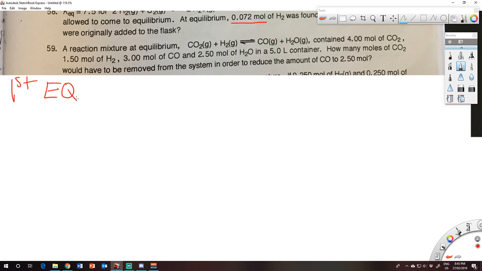So at first equilibrium, we can calculate the following. We can calculate KEQ as concentration of CO over concentration of H2O. Again, products over reactants.